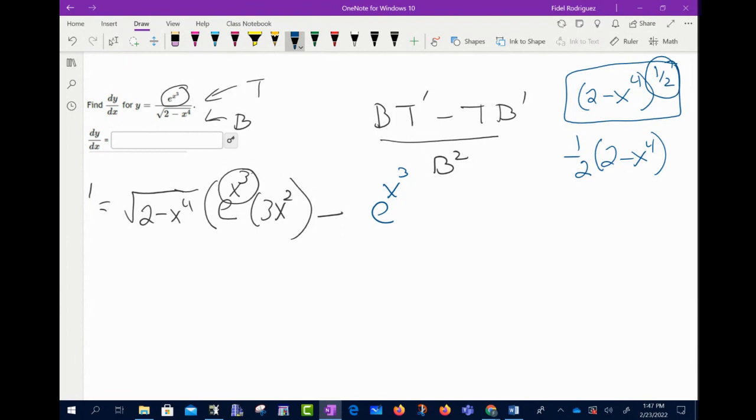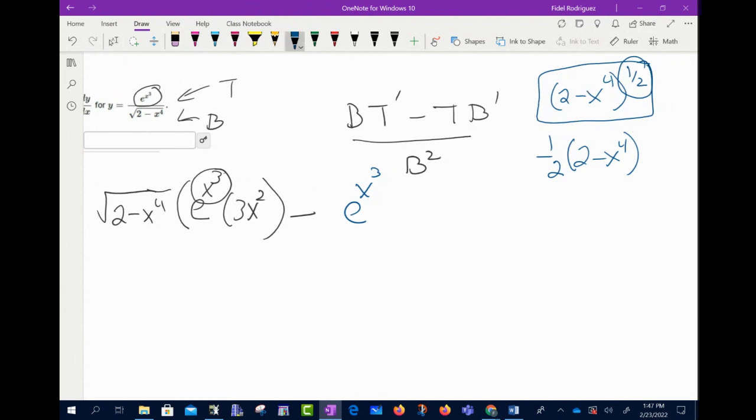We got to subtract 1 from the exponent. So what's 1/2 minus 1? Negative 1/2. And then we still got to take the derivative of what's inside there. So what's the derivative of 2 minus x to the fourth? A minus 4 what? You got it. Very good.